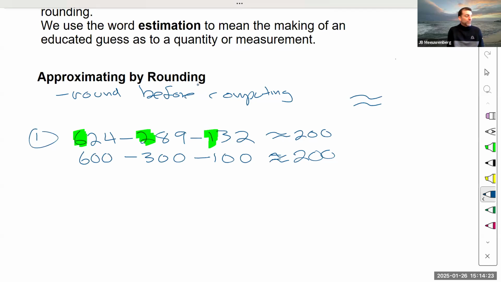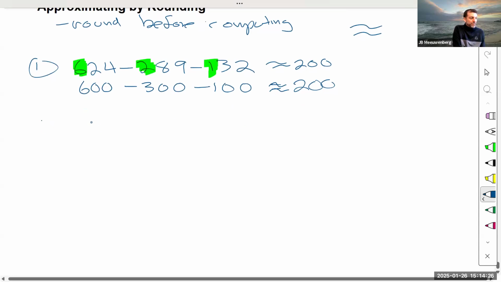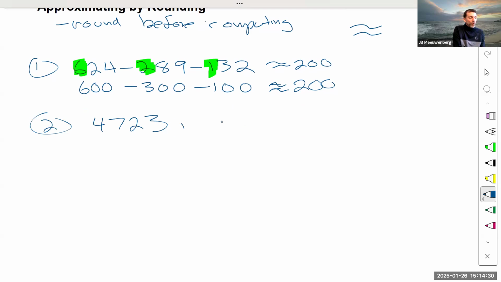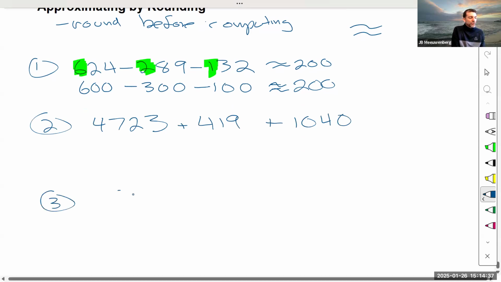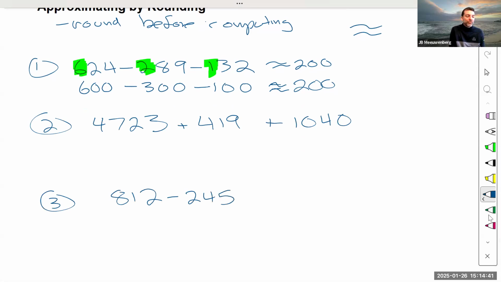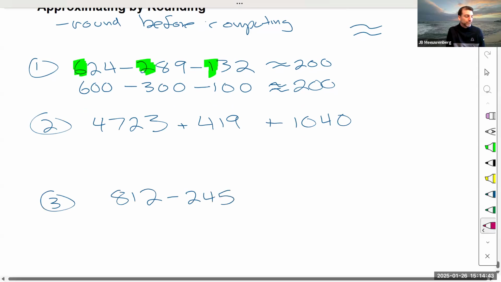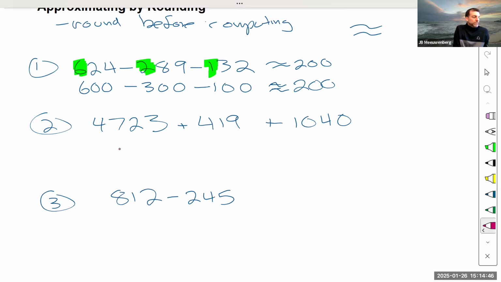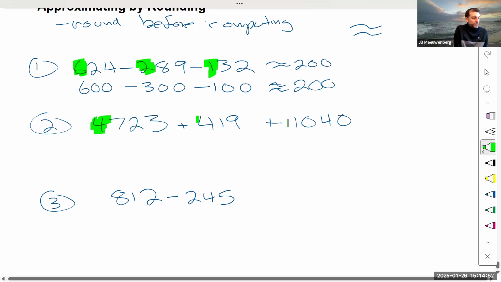You go ahead and try this on your own with these two examples. 4,723 plus 419 plus 1,040. And for the next one, we will do 812 minus 245. And remember, round each of them to their leading digit. So for the first one, we have leading digits in the thousands place, the hundreds place, and the thousands place.